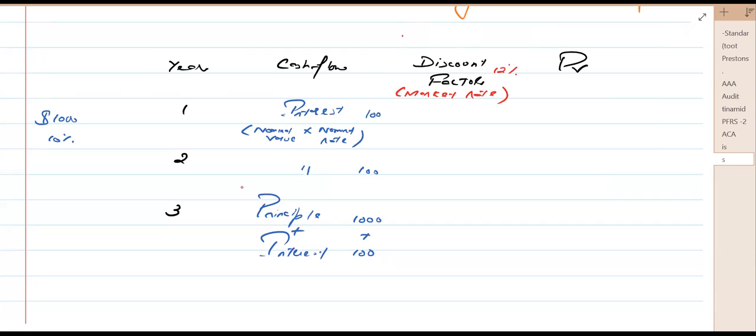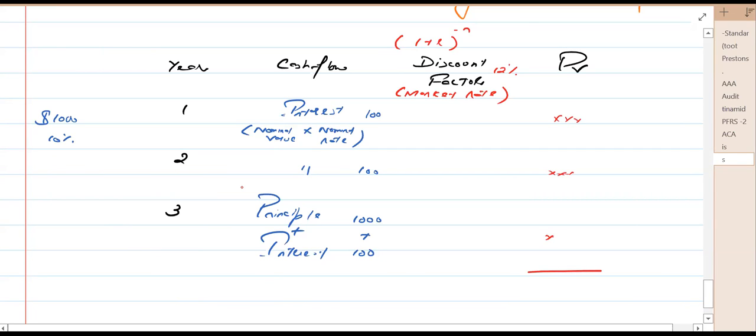Again, the formula is (1 plus r) raised to the power minus n. Usually the discount factors are given in the exam. But if not, then 1 plus 0.12 raised to power minus 1, minus 2, and minus 3. And then you get the figures over here.